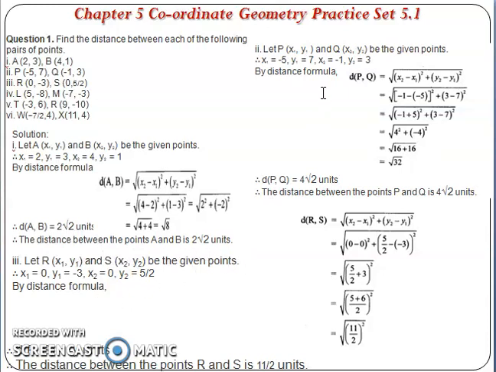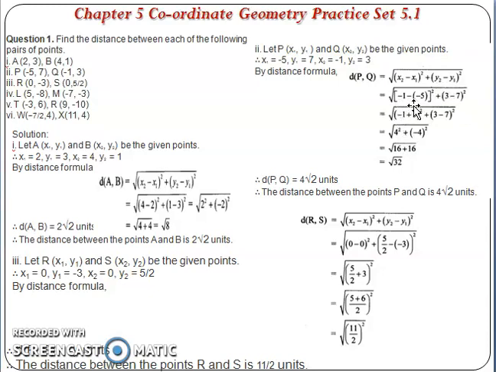Now come to the second one. Let P(x1, y1) and Q(x2, y2) be the given points. In a similar way, you will write x1, y1, x2, y2 and the distance formula: root of (x2 minus x1) whole square plus (y2 minus y1) whole square. In place of x1 you will substitute minus 5, in place of y2 you will substitute 3, and in place of y1 you will substitute 7.